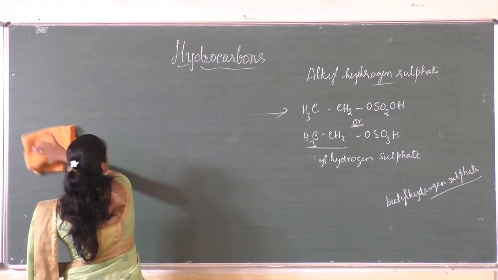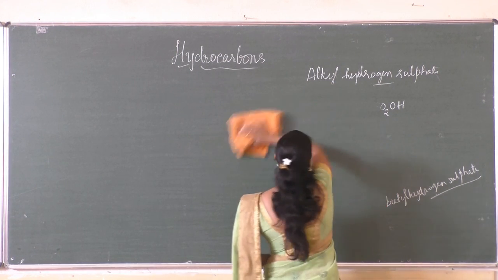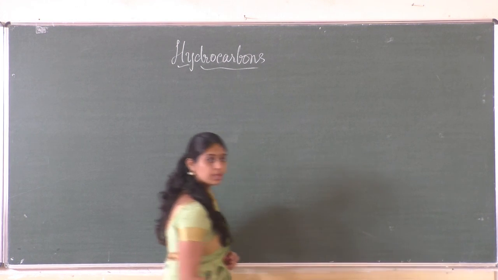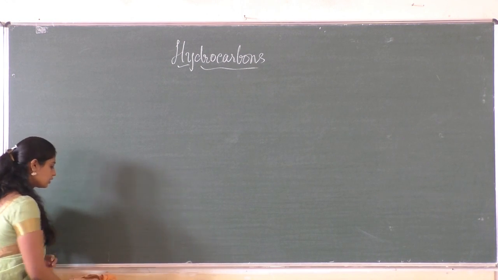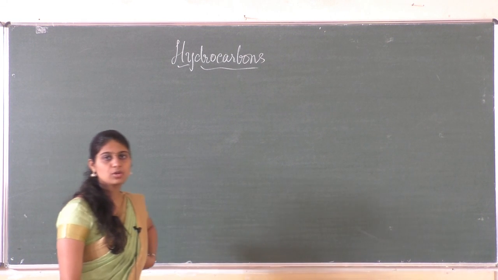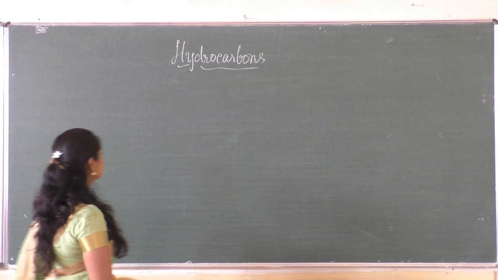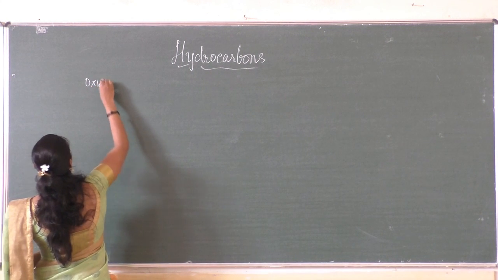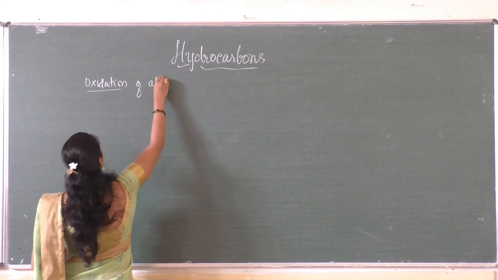Whenever alkene is treated with cold dilute aqueous KMnO4 solution, that solution is also called Baeyer's reagent. KMnO4 is dark violet in color. That is the oxidation of alkene.